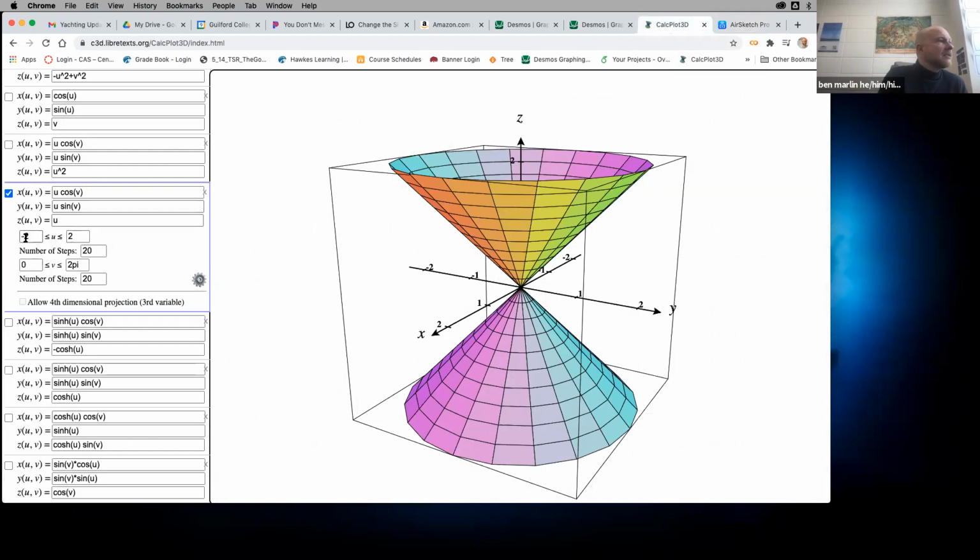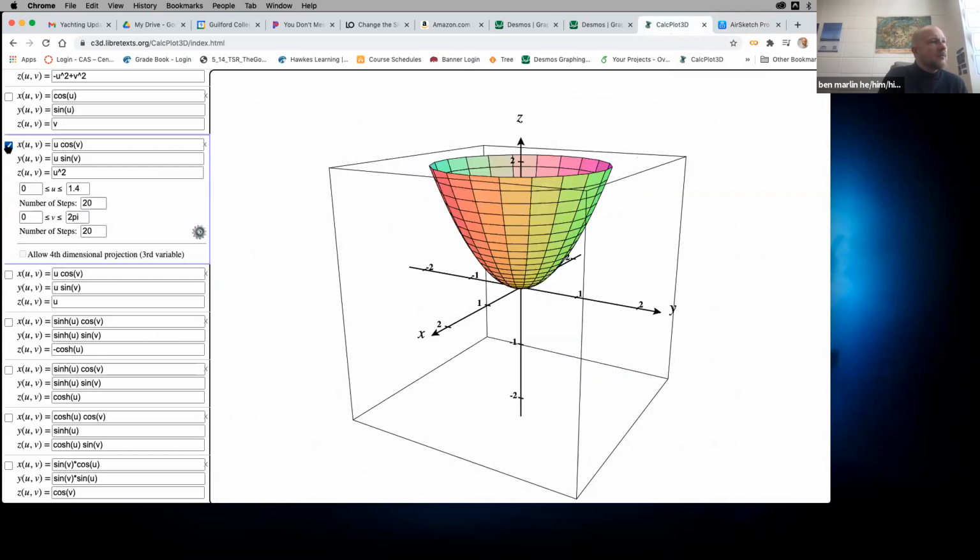So you might take a note here off to the side how similar the cone and the paraboloid look in the parameterizations, right? And so I went ahead here and let my u, because I've got x is u cosine v, and y is u sine v, and my z is u squared.